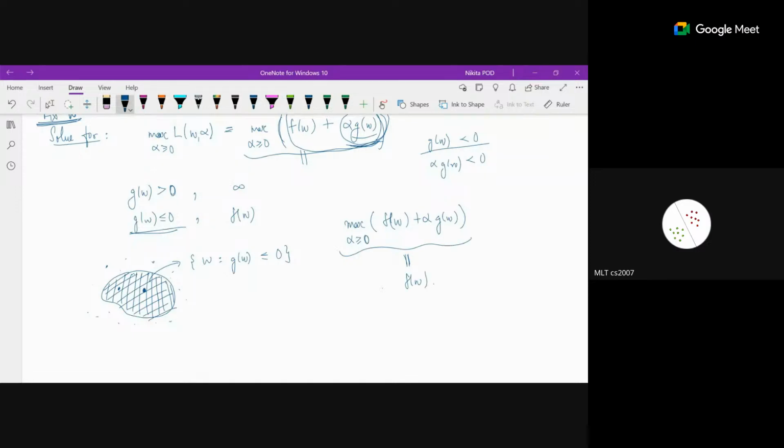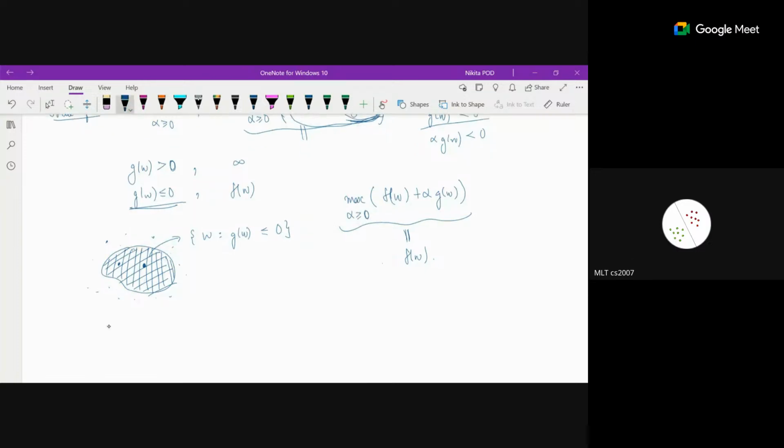This max of f of w plus alpha g of w over alpha greater than or equal to 0. This is what we have. Now, if we minimize this max over alpha greater than or equal to 0, minimize over w, this f of w plus alpha g of w.